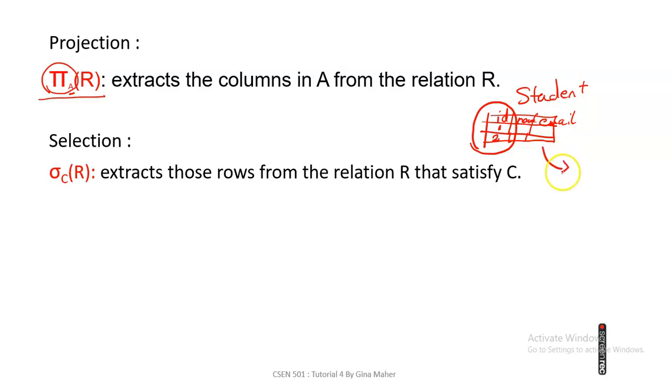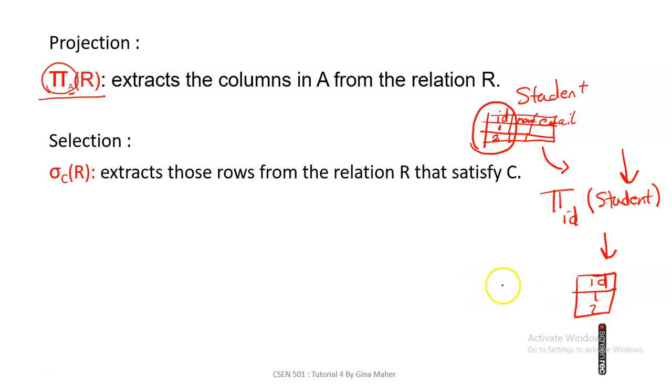Simply, we can project the column we want. So we can write project ID and the name of the relation, which is student. So the input is a relation and the output will be a relation as well, which will be the ID. Okay?